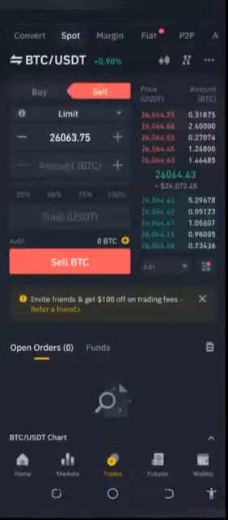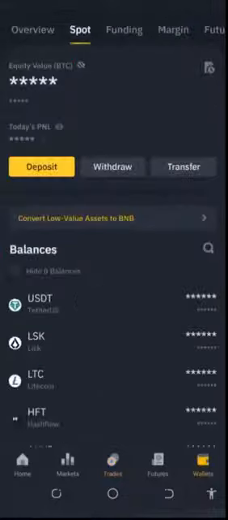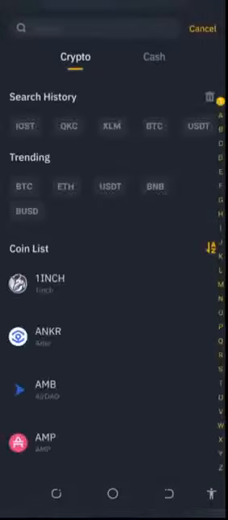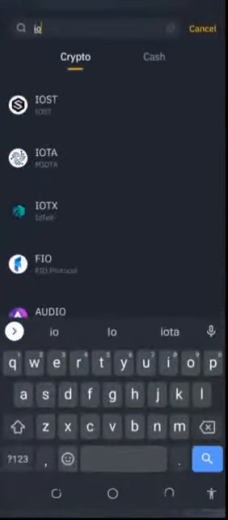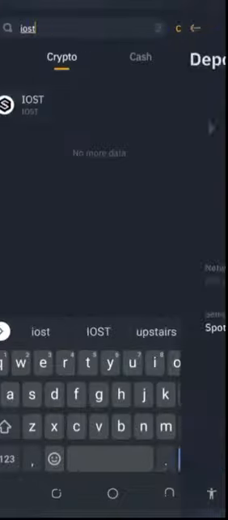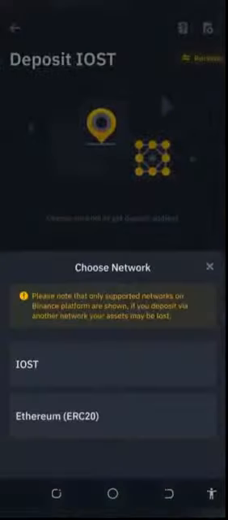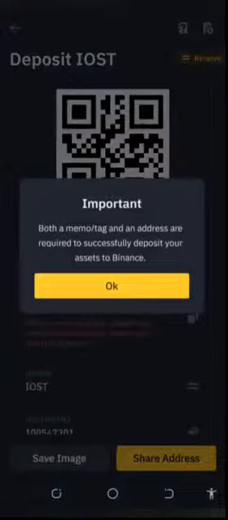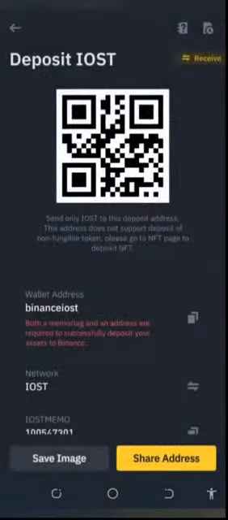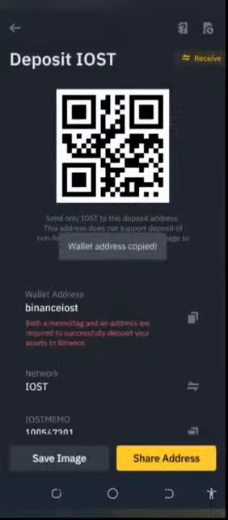So going to Binance, we need to pick our deposit address. Okay? So let's pick the deposit address. And then that is supposed to be IOST. Then we click on IOST. All right. It says both the memo and the tag. So let's click on this. We copy that.